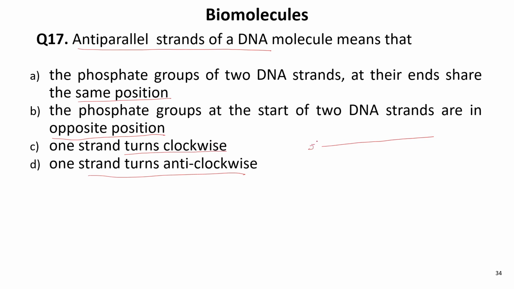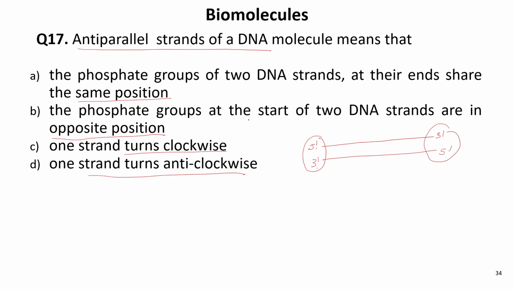If this is the 5 prime, this is the 3 prime, and if this is the second strand which is complementary attached, then this is the 5 prime and this is the 3 prime. So this is the anti-parallel strand of DNA. Here if we talk about this particular end, if this is the 5 prime, then this will be the 3 prime, and this is the 3 prime, then this is the 5 prime.